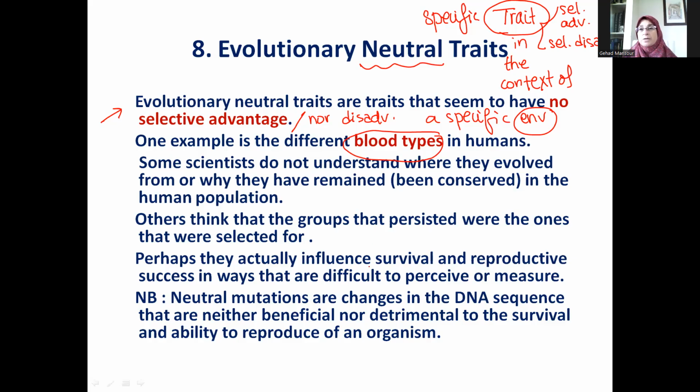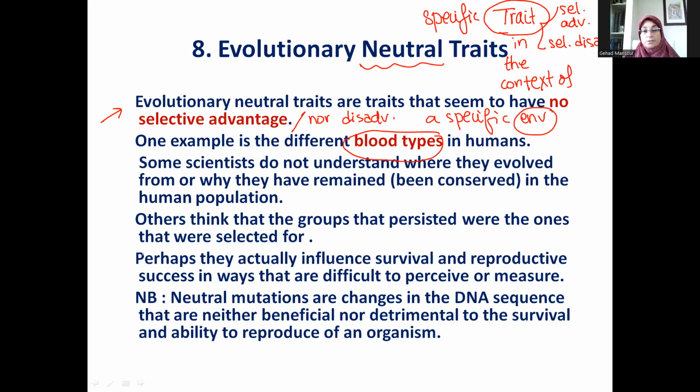But actually, this is not correct, because there are recent articles that talk about certain blood groups that are correlated with increased resistance to diseases or decreased resistance to diseases.